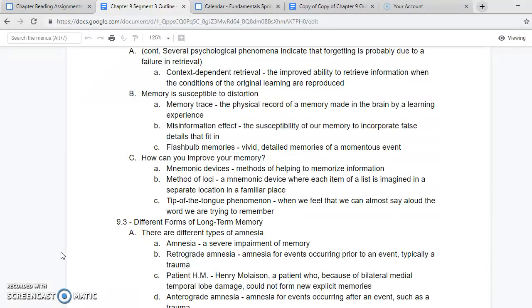So memory distortion offers one explanation for why people sometimes honestly remember events that never happened. And this can lead into the misinformation effect, which is the susceptibility of our memory to incorporate false details that fit in.